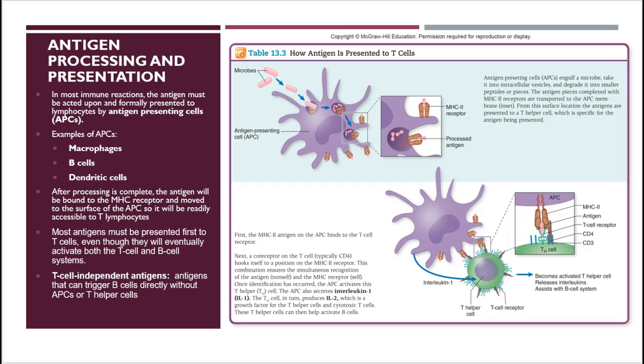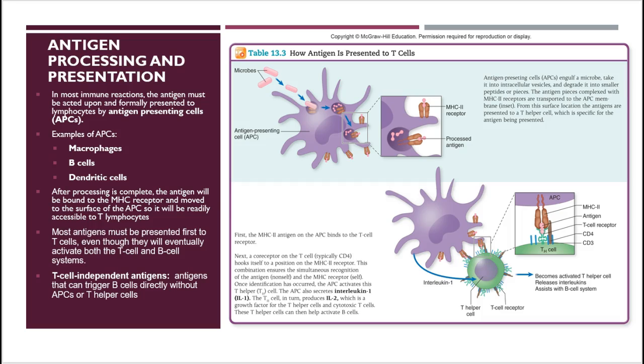All right, so antigens in most situations must be presented to T cells in order for a sufficient immune response. So there are several different types of antigen-presenting cells I've already mentioned.